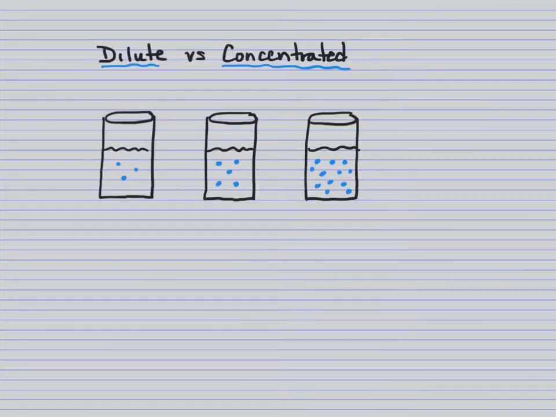Couple terms: dilute versus concentrated. These are relative terms. Okay, there's no sort of set barrier that you have to cross to go from dilute to concentrated. If we have 3 solutions here, and solution A has 3 particles dissolved, and B has 5, and C has a whole bunch, if I were comparing A and B, I would say A is dilute and B is concentrated.